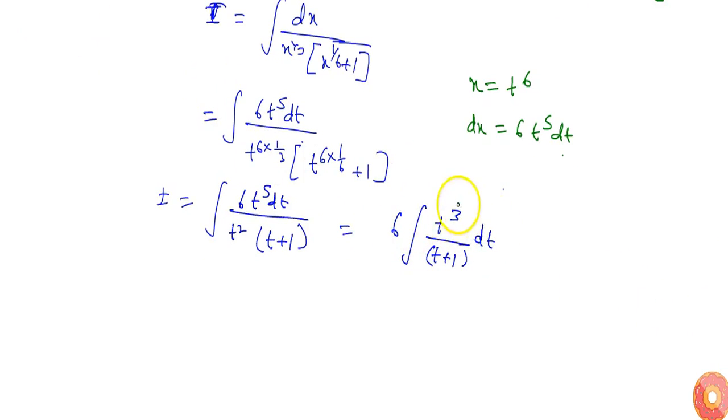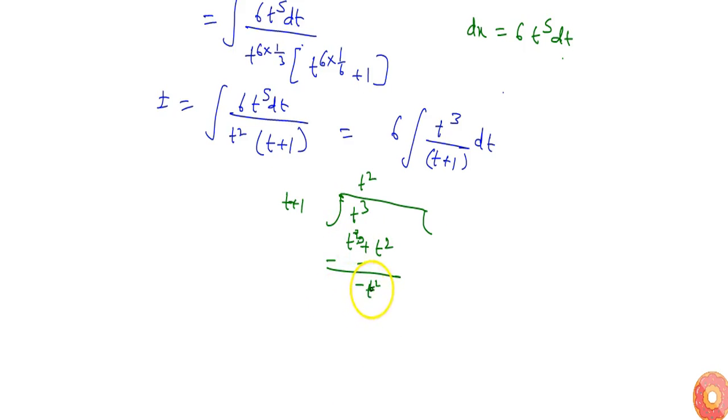Now since it is not a proper rational function, if I divide t cube by t plus 1, what will I get? It will be t square, so t square times t plus 1 is t cube plus t square. t cube minus t cube is 0, so we get minus t square.